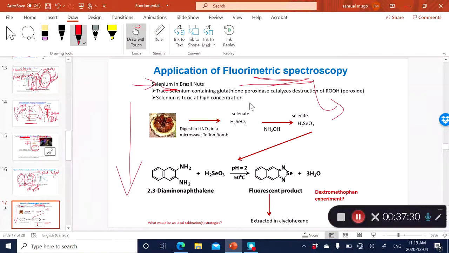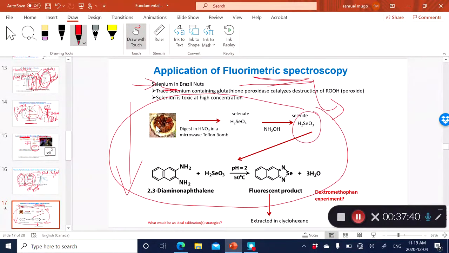But because selenium itself is not very fluorescent, people would often do derivatization like this. So they can take selenium, or selenite in this case, and react it with a fluorescent compound such as this compound here. It's almost a ligand, so essentially it's a ligand, and you end up with a complex that is fluorescent.